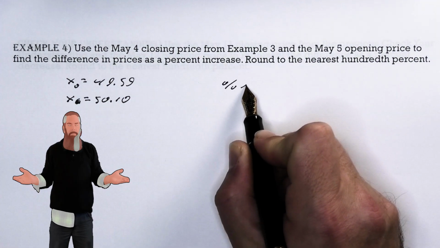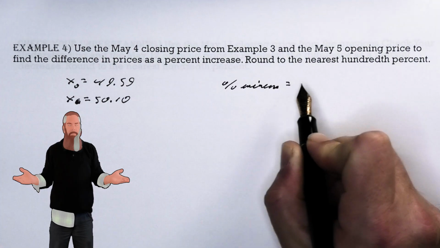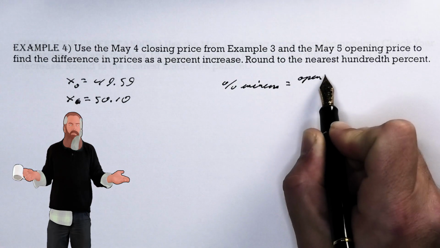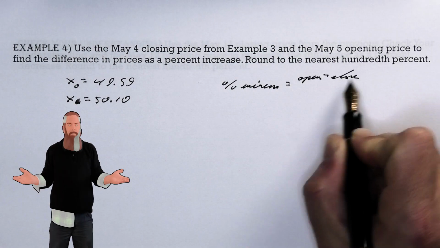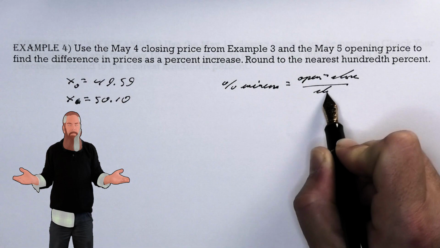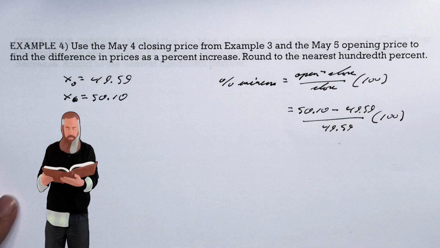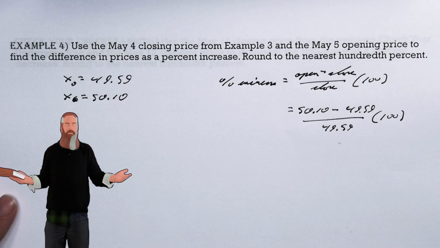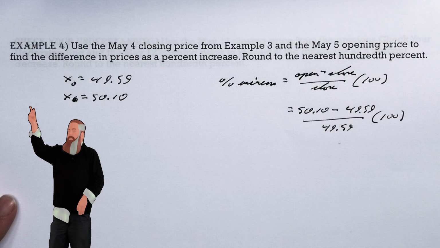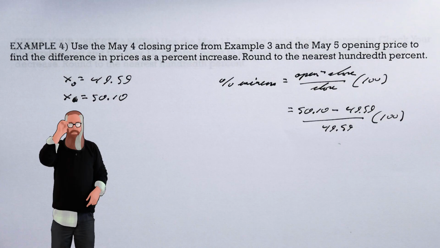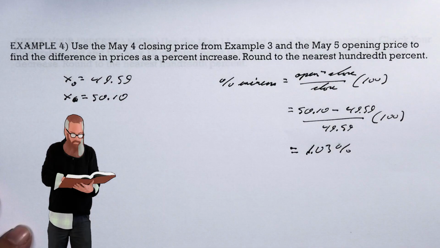Now, percent of increase is going to be equal to the open minus the close divided by the closing price, and then multiply all of that by 100. Or simply what we're going to do is $50.10 minus $49.59 divided by $49.59, and all of that multiplied by 100. This is going to give us 1.03%.